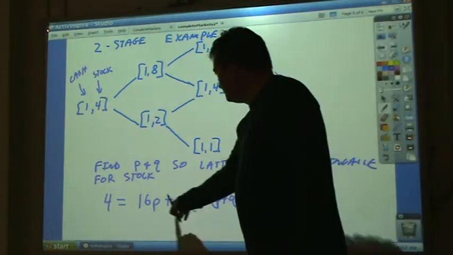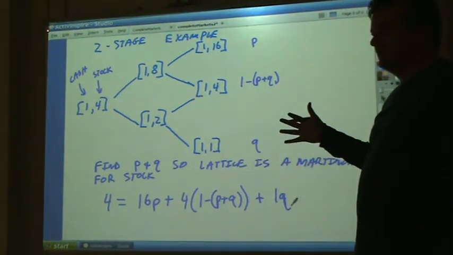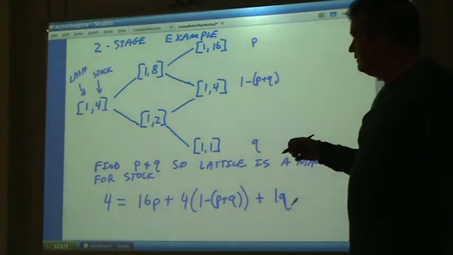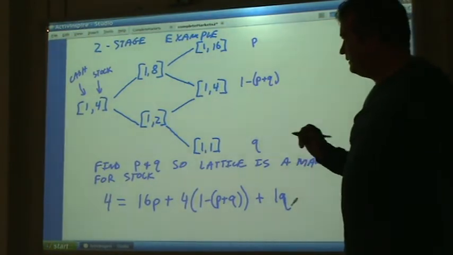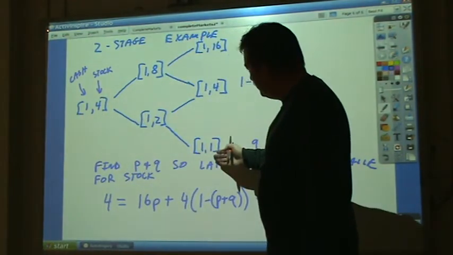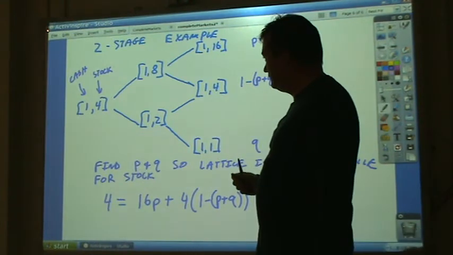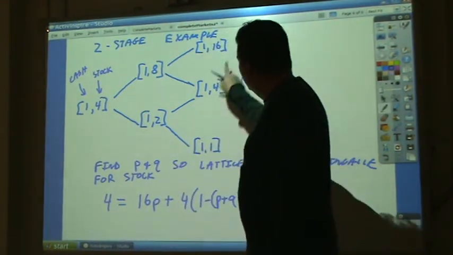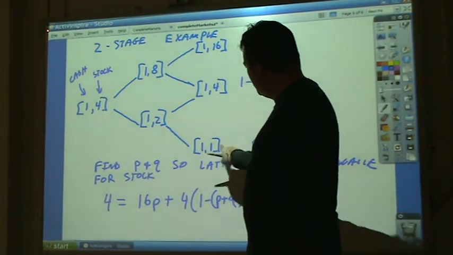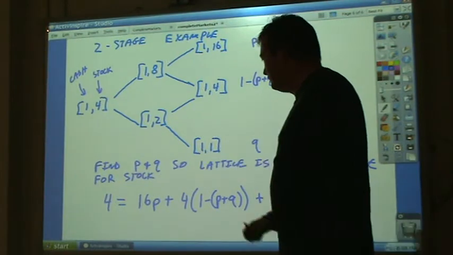If we could find p's and q's that make this equation work, then it's a martingale. It's $4 now, and it's expected to be $4 in the future. There's the p times $16, this times $4, and this times $1. Average them all together, and this should equal 4.